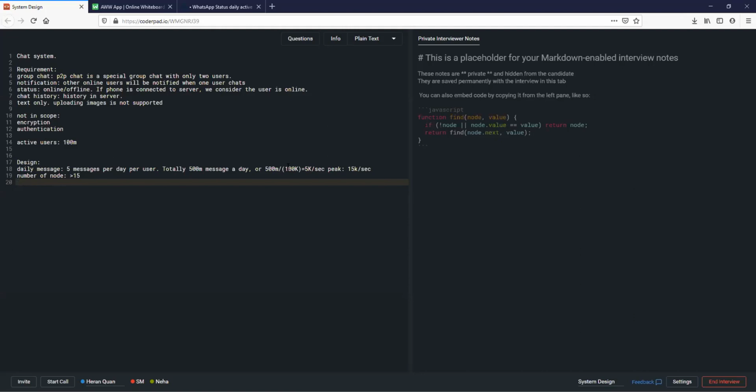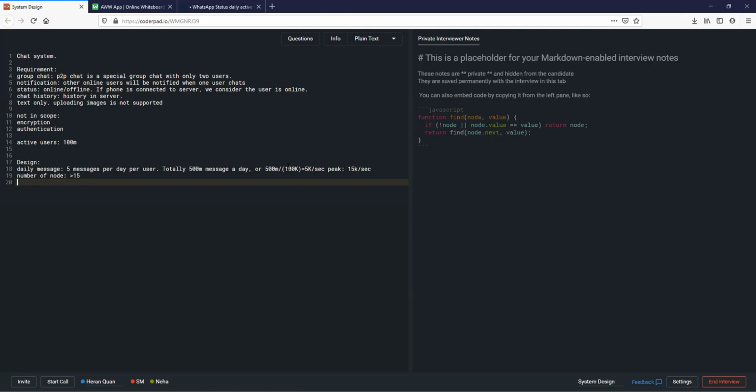This is just an estimation. It can be a database, a web server or a load balancer, and they can differ. So this is purely an assumption. Yeah, it's an assumption.